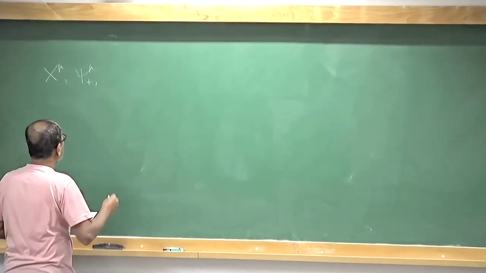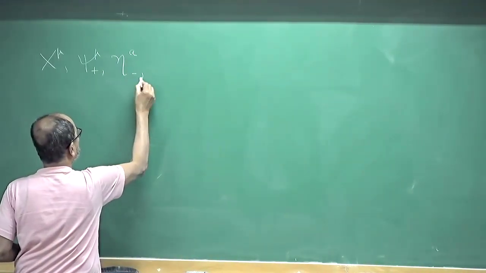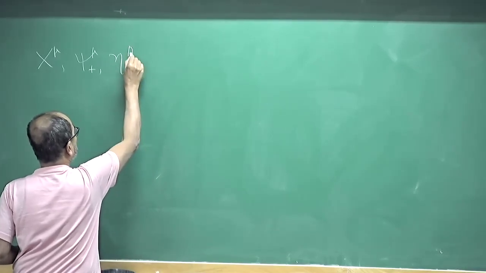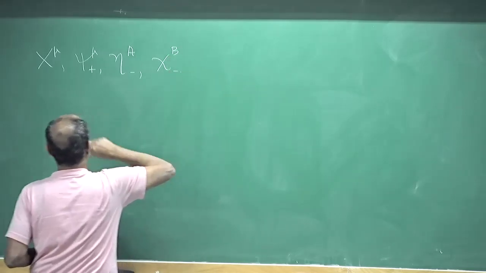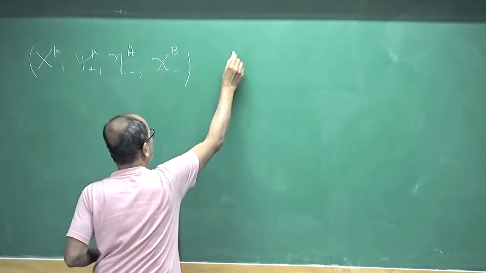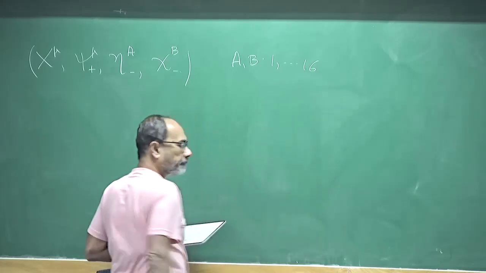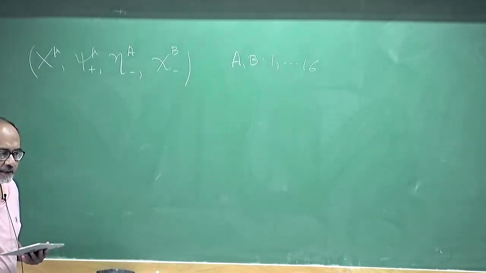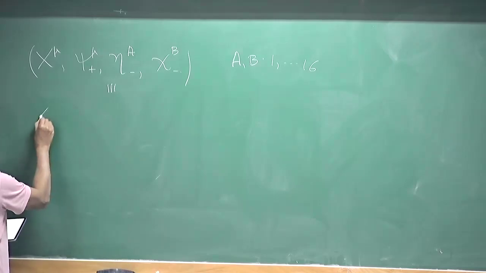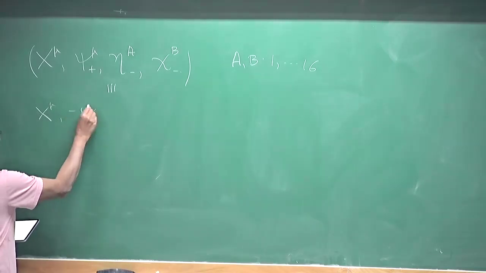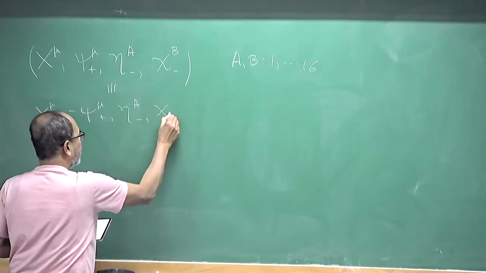Let's call these eta^A_- and chi^B_-, with A and B running from 1 to 16. And on the worldsheet, we are going to identify this configuration with X^mu, minus psi^mu_+, eta^A_-, chi^B_-.